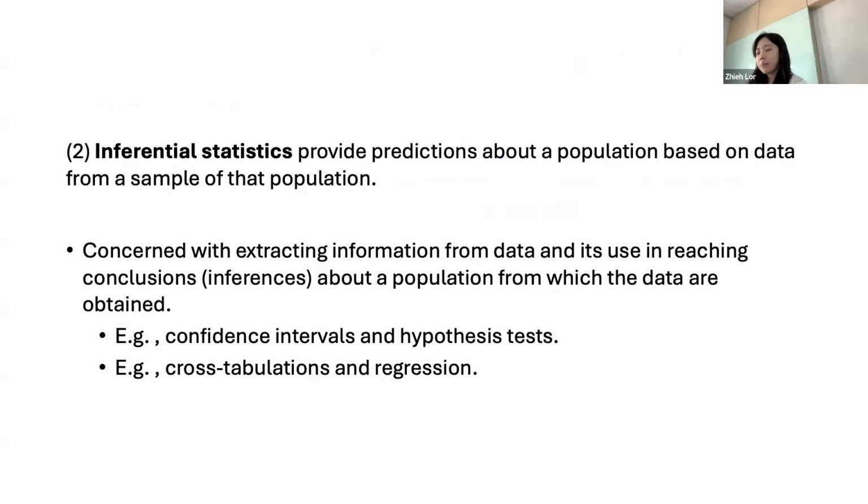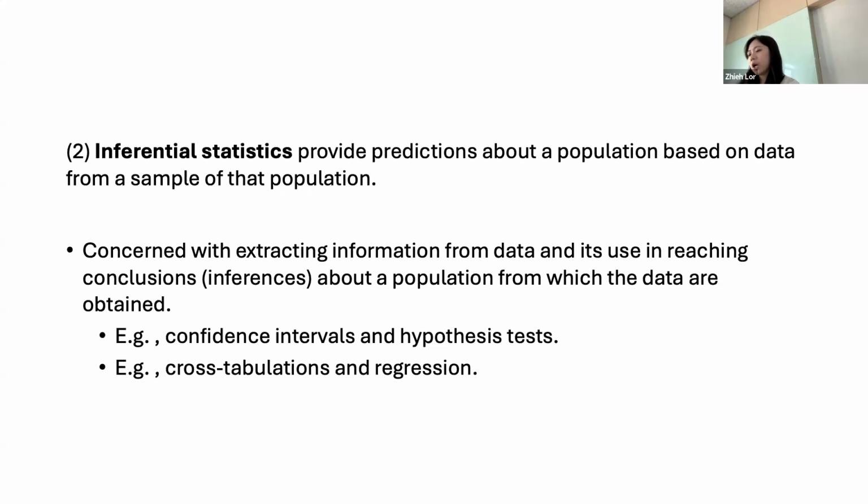The second type, which we'll cover next week, I guess, inferential statistics, is about prediction. We try to predict something. It is more related to hypotheses, making assumptions between two or three variables about a population based on the data that we collect from a sample.